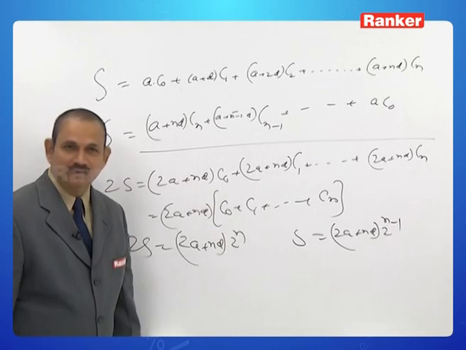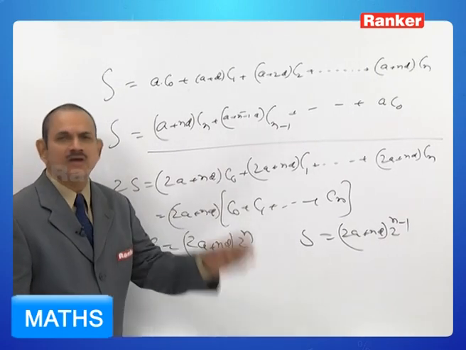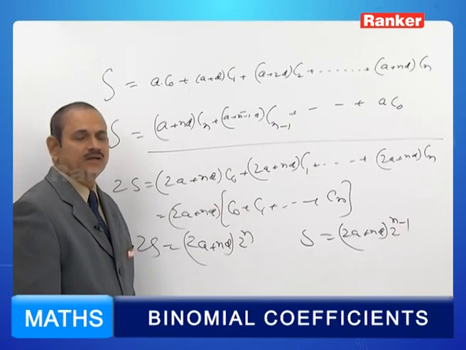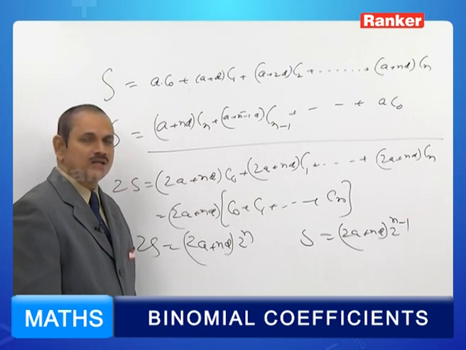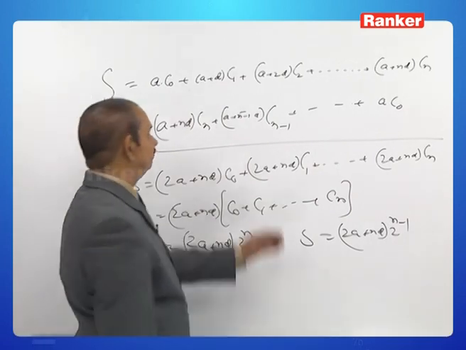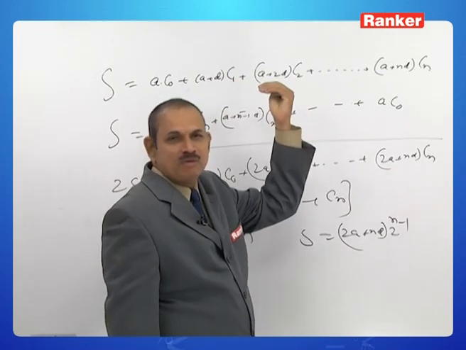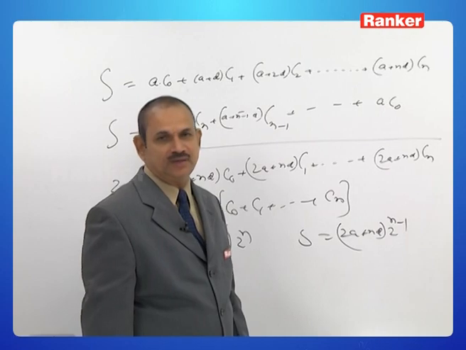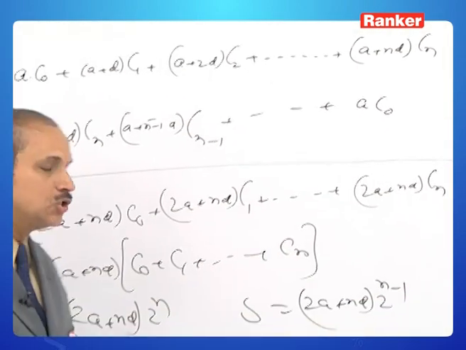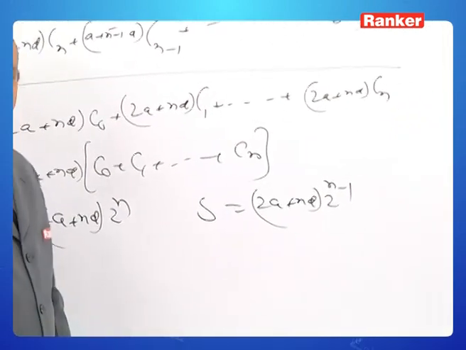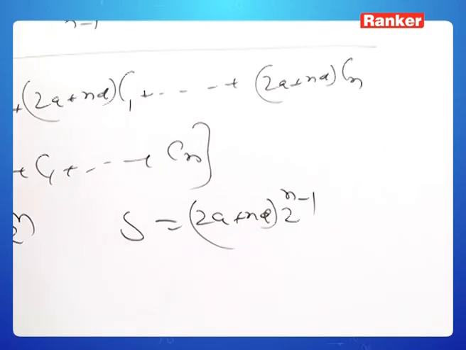That's it. Look at how simple it is. And in order to use this result, you must be able to observe that all the coefficients which lie beside the binomial coefficients form an AP. Then the answer will be (2a plus nd) into 2 power n minus 1.